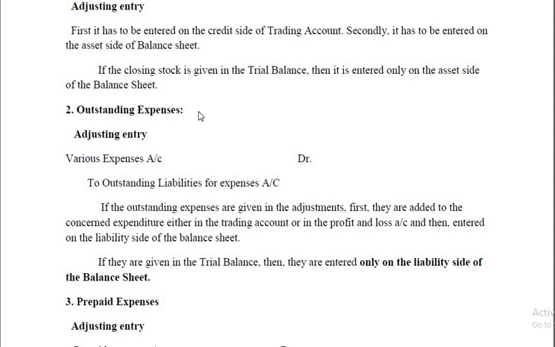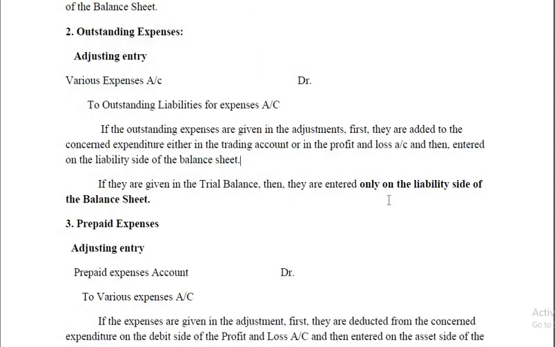If it is salary, it should be added to the salary account in the profit and loss account. Then it should be entered on the liability side of the balance sheet. If it is given in the trial balance, then it is entered only on the liability side of the balance sheet.